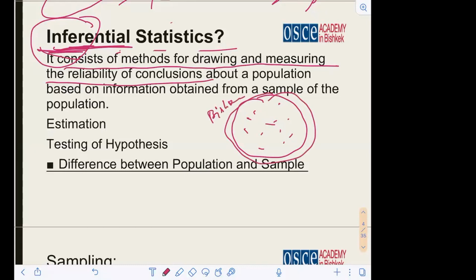If I ask you to tell me something about the population of Bishkek, of course you are not going to inform me about the whole population. You are going to take small information from here and there, and then tell me. This is basically what we call infer.